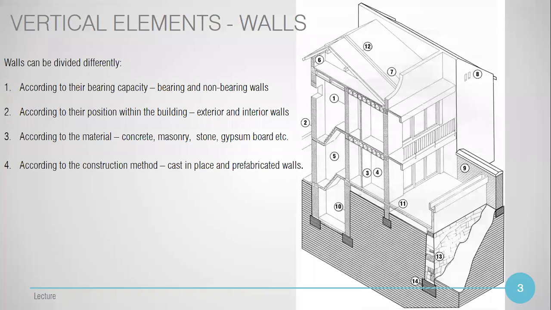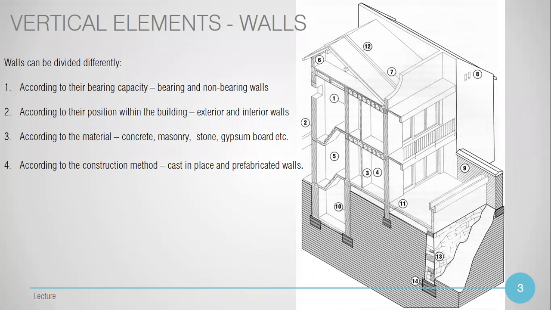So which of these two methods should be applied for the construction? The decision of applying one of these methods is made by the engineers, by the designers. Now, why?